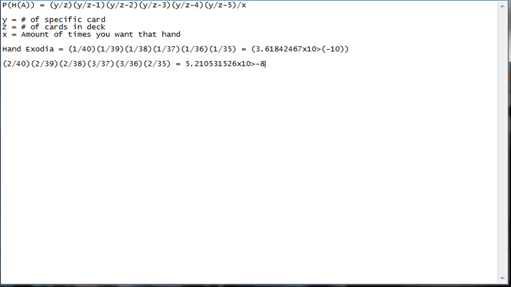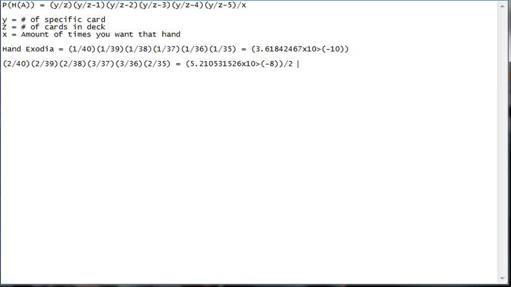And like I said, let's see what my probability of getting this hand twice. So remember, if you're using a graphing calculator like I am, make sure you insert it like this. Then divide by 2. And then we'll see what that equals. Divide by 2.